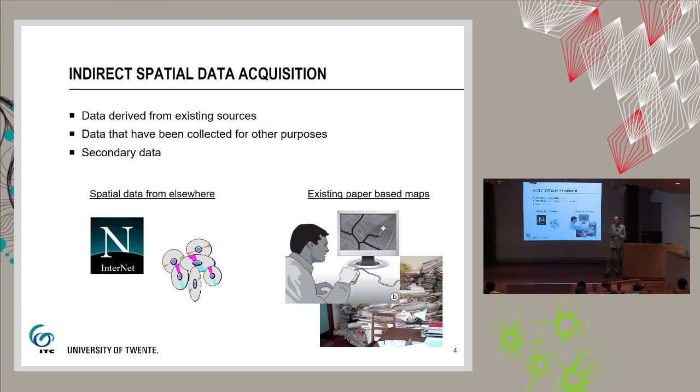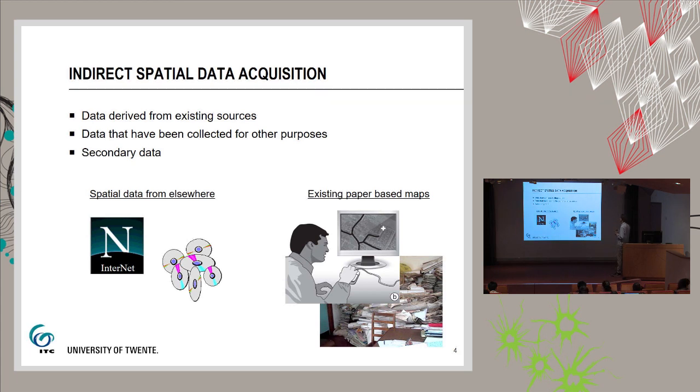And many times the data is freely available, without copyright, and you can use it. Of course you need to know about the quality of the data, if it suits your project. But it's cheap, of course. And that's sometimes called secondary data, because it's from a secondary source.